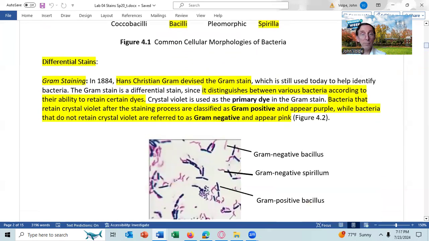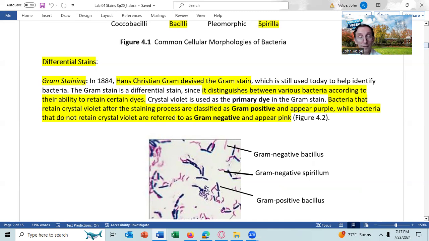The Gram stain was invented by Hans Christian Gram to distinguish between bacteria and the patient's own cells, which were staining gram-negative. But microbiologists used this stain and realized it separated bacteria into two very large groups, the gram-positive bacteria and the gram-negative bacteria.